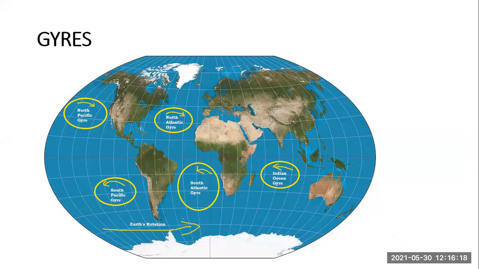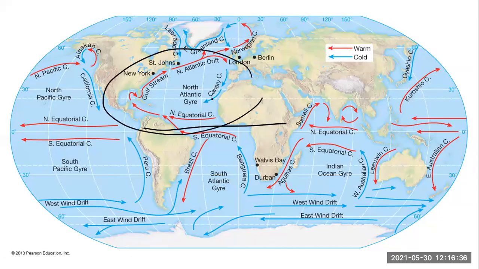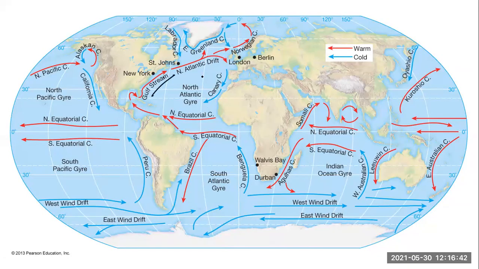So next one, the gyre system. First of all, I will explain the concept of the gyre system, and after that you can write it. Basically, in most of the ocean basins, multiple current systems operate. For example, look at the Northern Atlantic Ocean. There you have multiple current systems: the Gulf Stream, the North Atlantic Drift, the Canary Current, the North Equatorial Current.